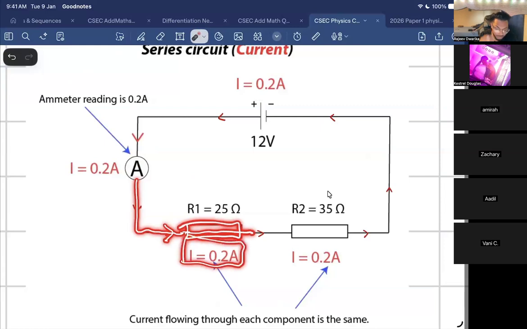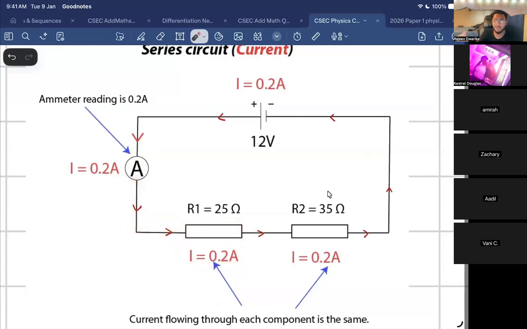Yeah, 0.2. Think of the current like a car driving on the road, right? In a series circuit, there's only one way the current could flow. It doesn't have any other way. So what current will flow through this resistor? 0.2.